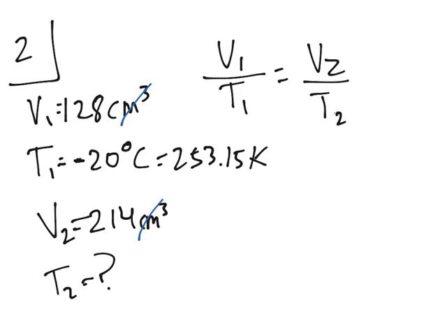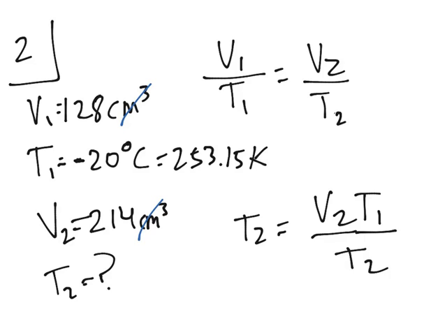So just plug in the values now. But let's first solve for T2, which is our variable. So it'll pass multiplying, and the V2 here times T1 over V1.